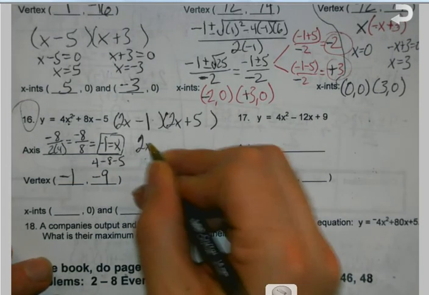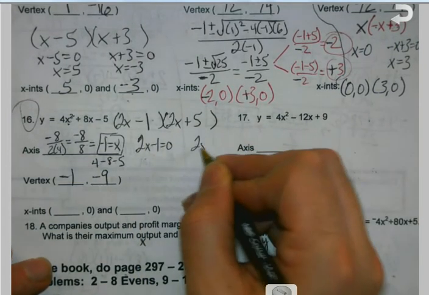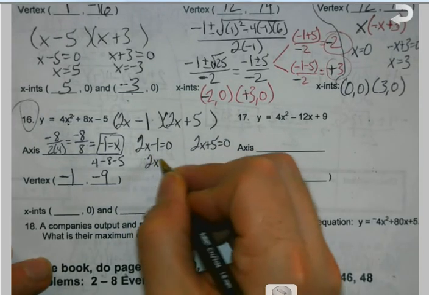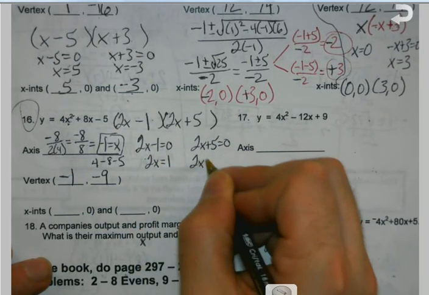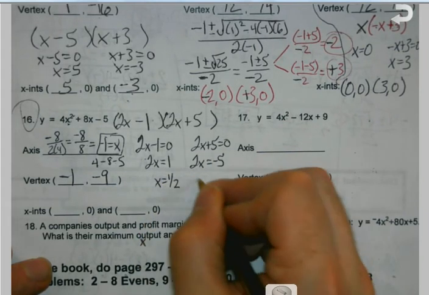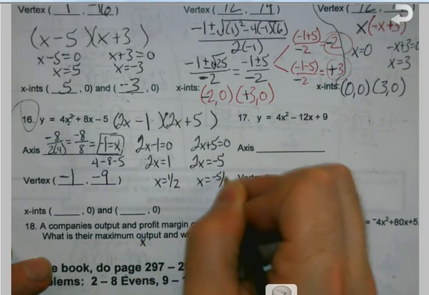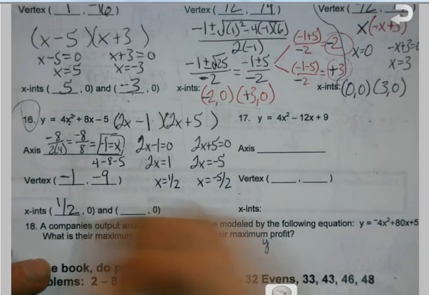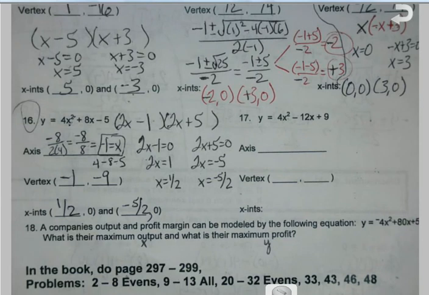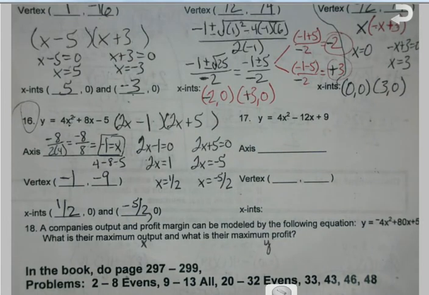So I'm going to take each of my quantities here when I factored, set them equal to 0, and then solve those to get my solutions. And again, it'll work either way for you, though.